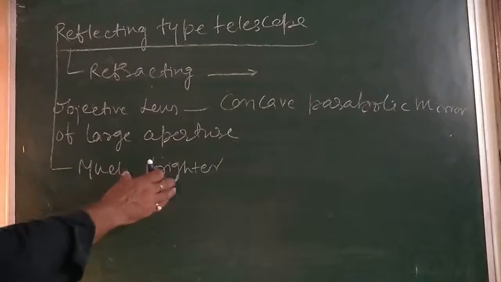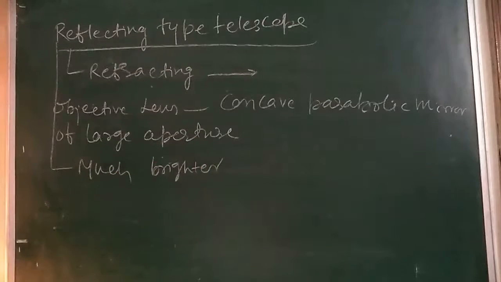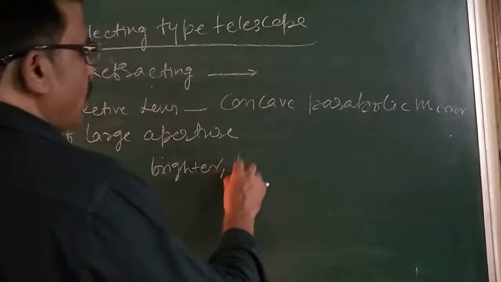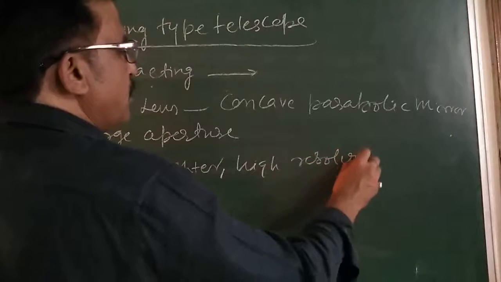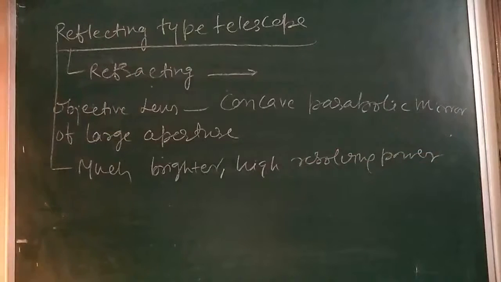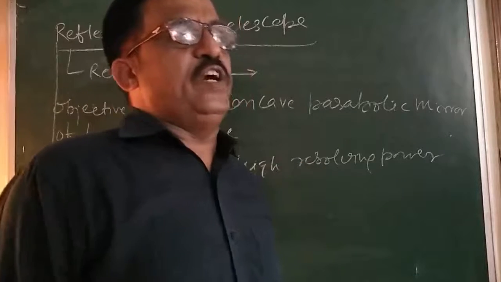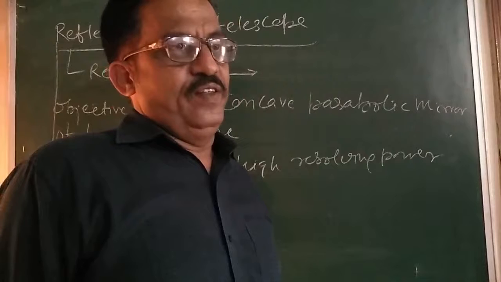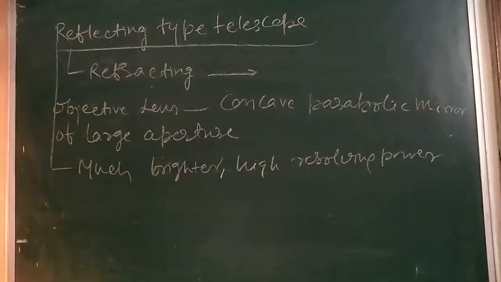So I can say, dear children, the image formed is much brighter, and the reflecting type telescope has much high resolving power compared to the refracting type telescope. That's why these are invented. That is called reflecting type telescope.